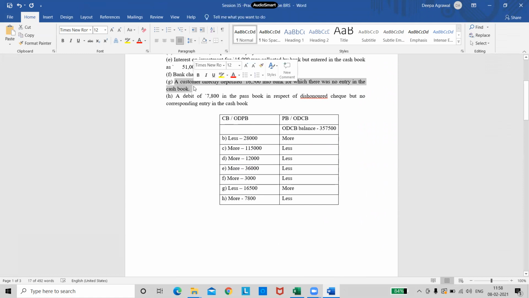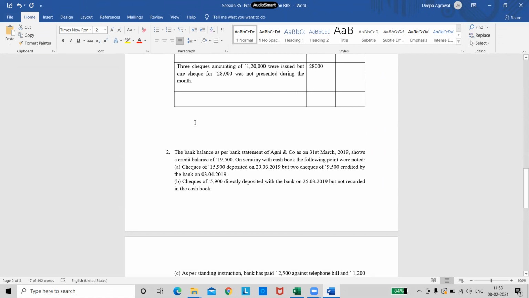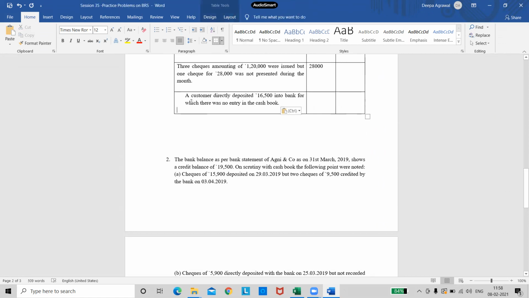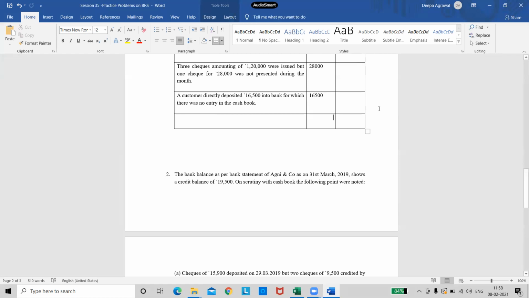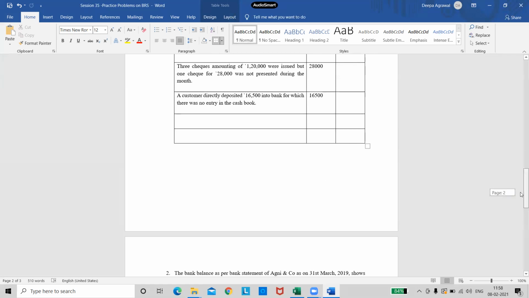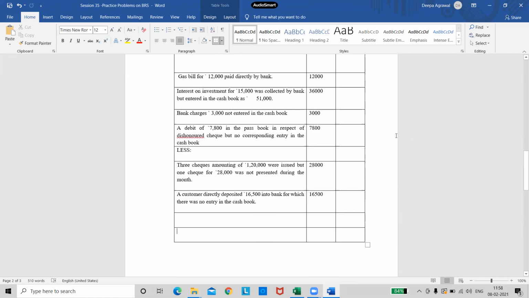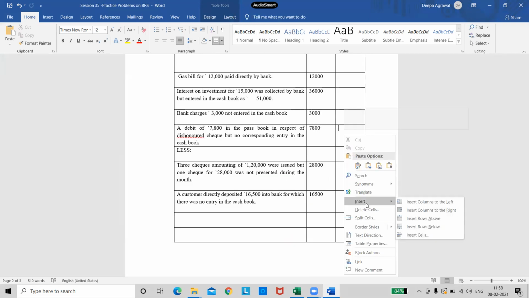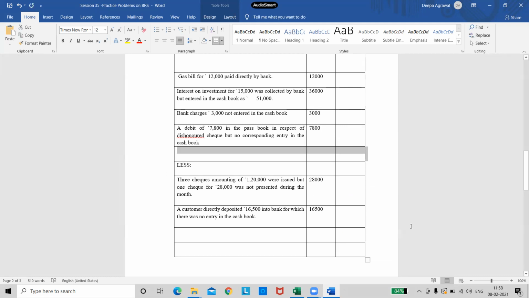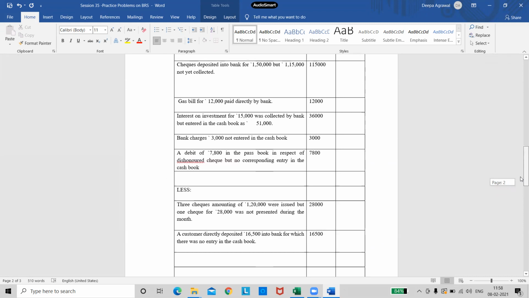Quickly do the calculation part till I complete this. Okay, so I will put my calculation also here. Yes, so now we are ready with this. Okay, I should also add one column here. Okay, so now tell me the total of the add columns first.